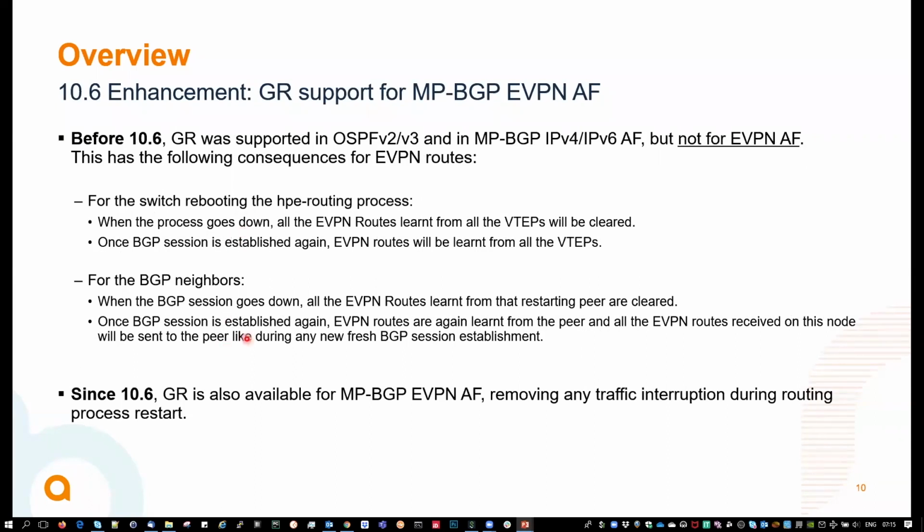The neighbors see the BGP session going down and the routes are cleared, and when the BGP session is established again, all the routes need to be learned again from the peer, and all the EVPN routes that were received on the neighbor before, from the external peering for instance, have to be sent again to the peer that was restarted, as if it was a fresh BGP session.